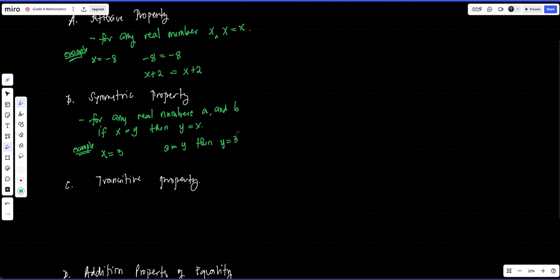This means the value of x on this side is the same value as y. And that is the symmetric property.